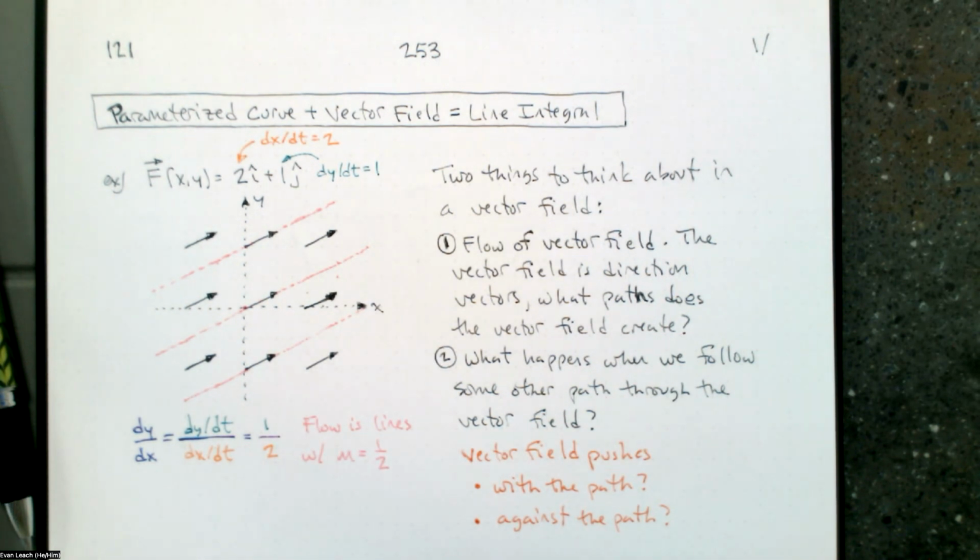Does the vector field push with the path, or does the vector field push against the path? And then by how much?